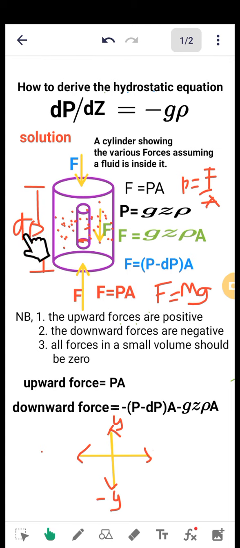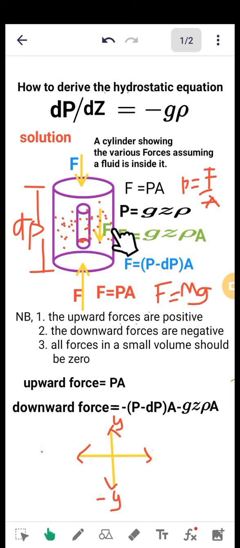They are all different forces acting on a specific area. When we take this force, it is acting on a circular surface area.